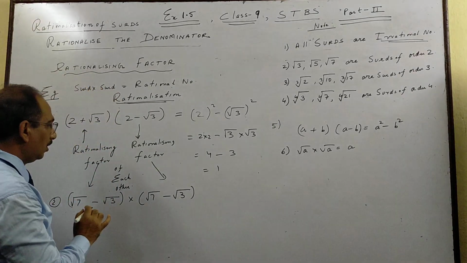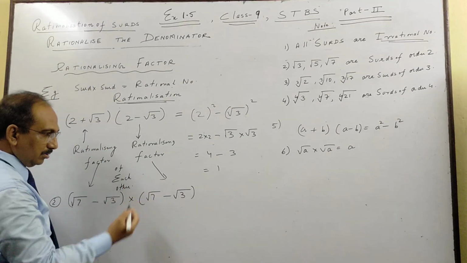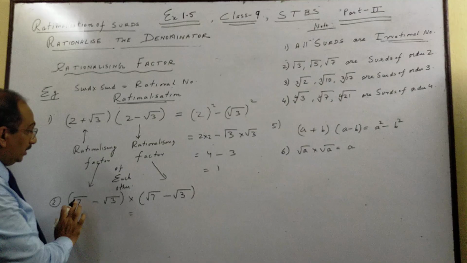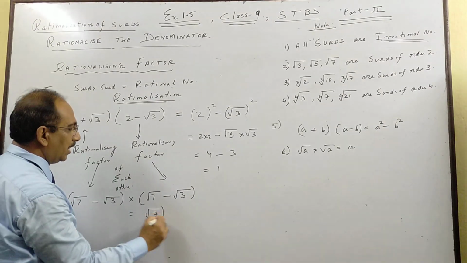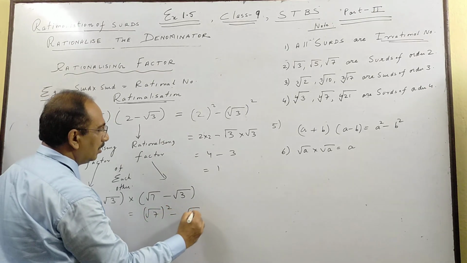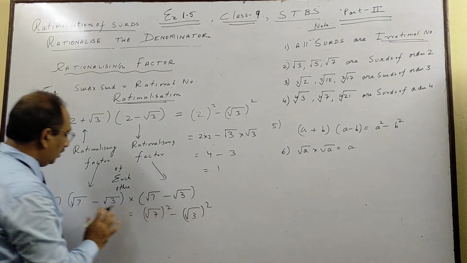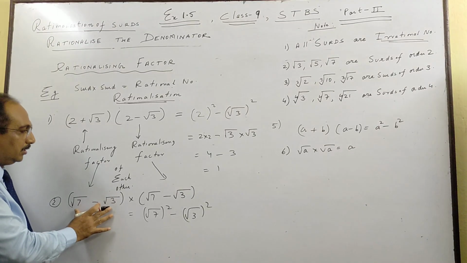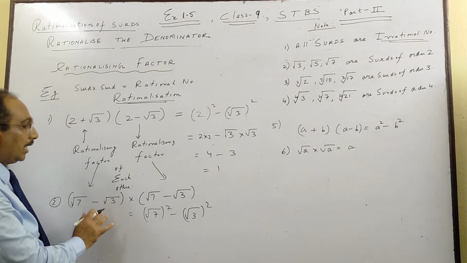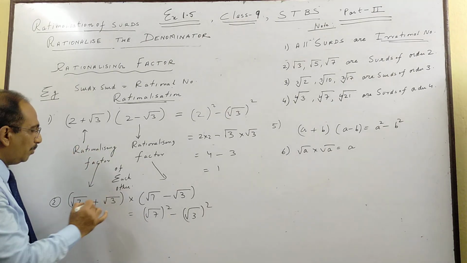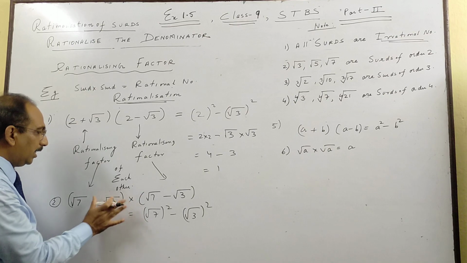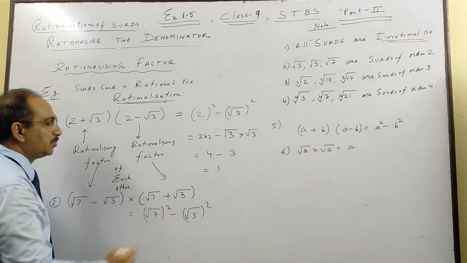When you multiply the same root with itself, root into root gives you that same number. Now we solve a second example. Root 7, remember this is root 7, so root 7 square minus root 3 square. This is irrational minus irrational. Sorry boys, this should be plus with minus, or let me say, let this be minus and let this be plus.